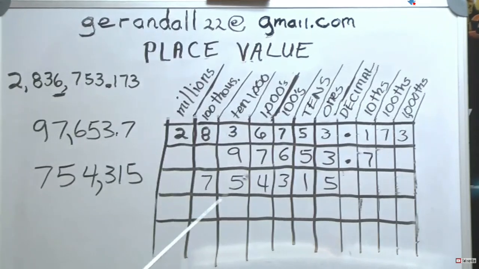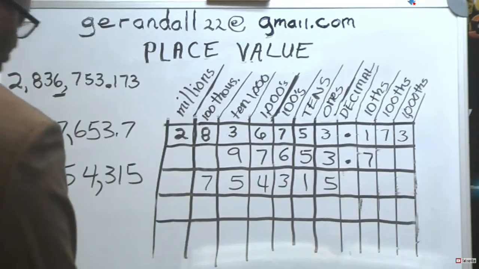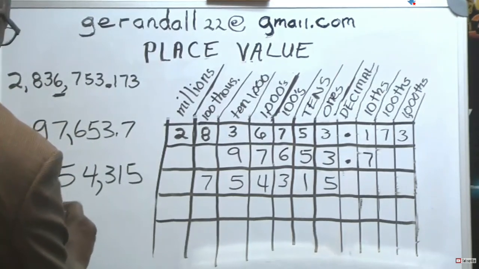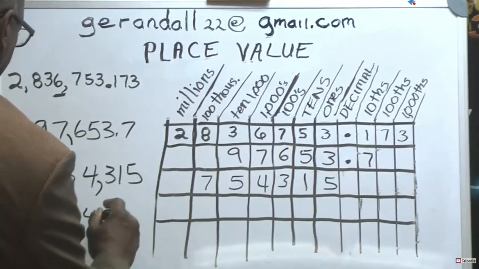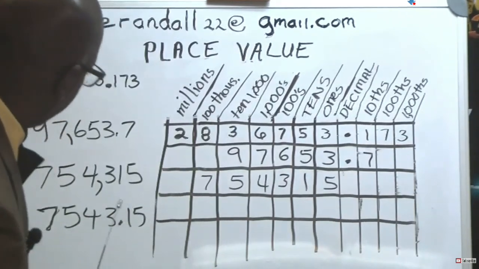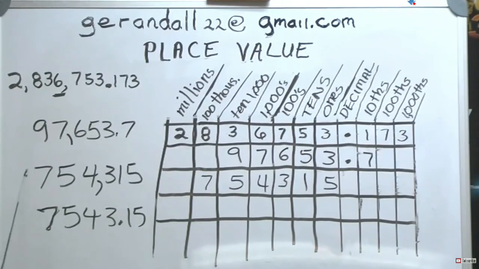If you say "and," it would infer that you're talking about a decimal, and that would look like this. As you can see, 7,543 and 1,500 is a lot less than 754,315. If you had a salary, I think you'd want this one. And that would be your six-figure income.